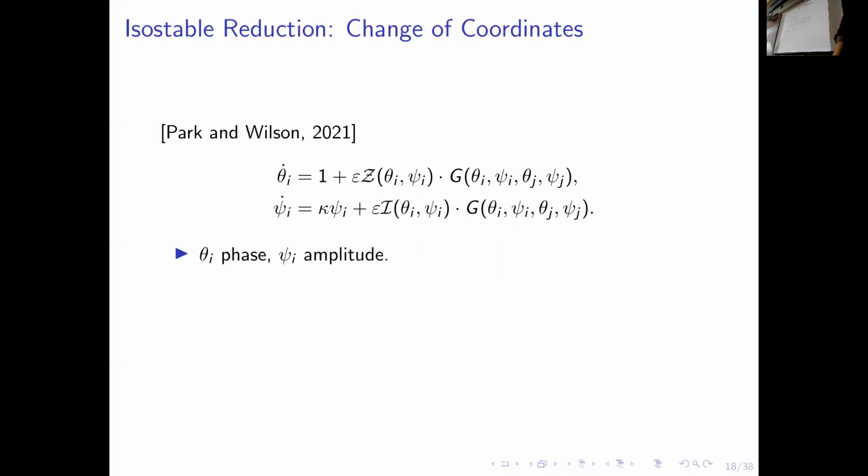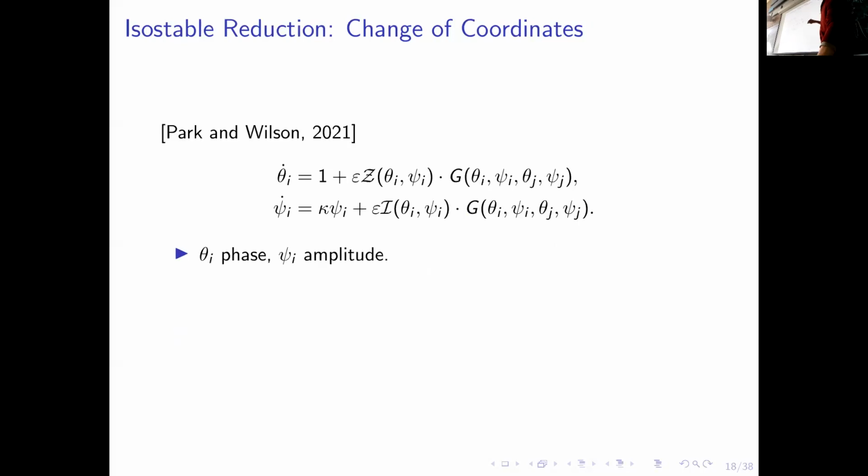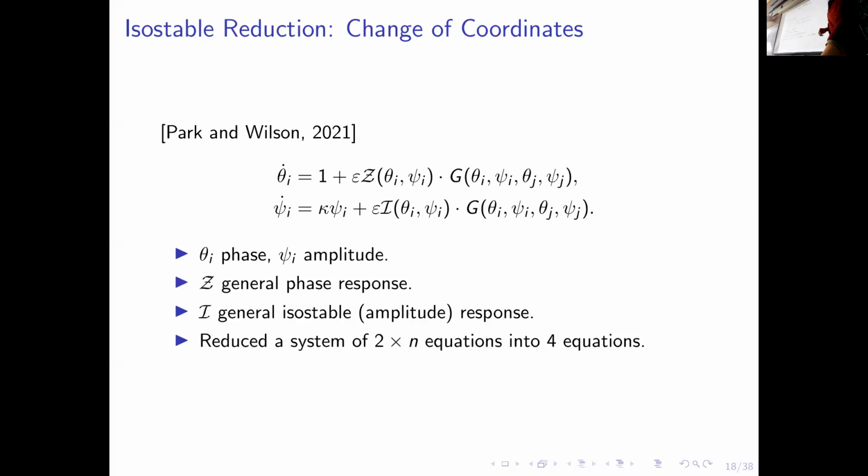There are ways to calculate this, even in the case when F1 is non-weak. Together, it's possible to compute all the terms in these equations. So this is how the phase changes as a function of the coupling, and this is how the amplitude changes as a function of the response to the coupling.